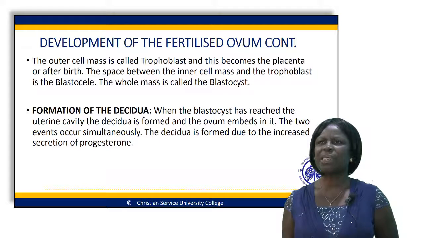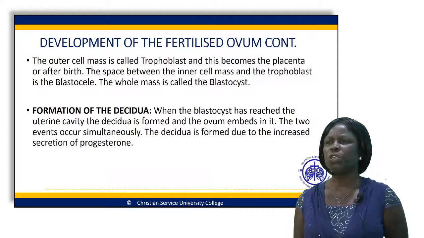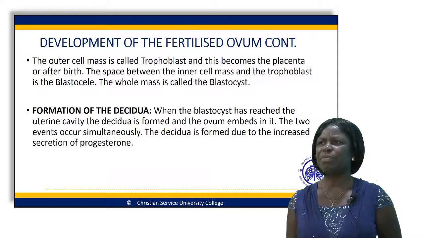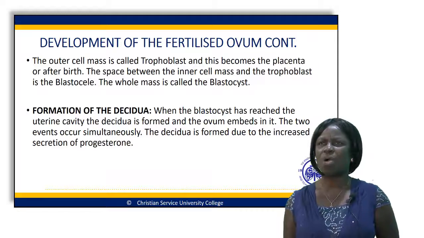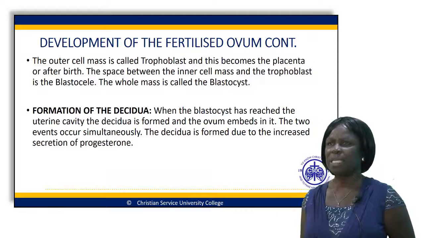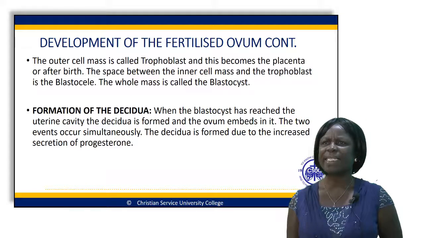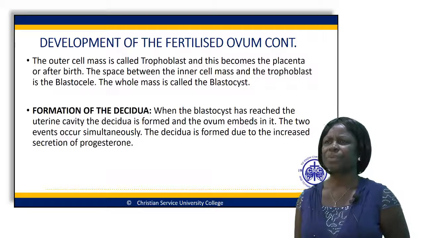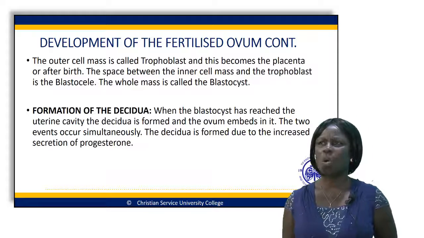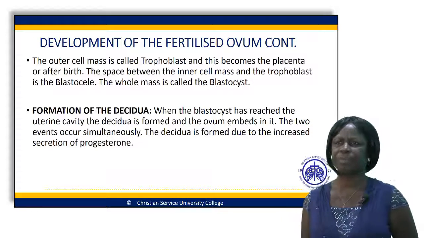The outer cell mass is called the trophoblast, and this becomes the placenta or afterbirth. The space between the inner cell mass and the trophoblast is the blastocoel. The whole mass is called the blastocyst.